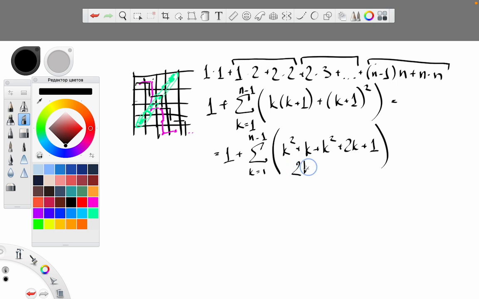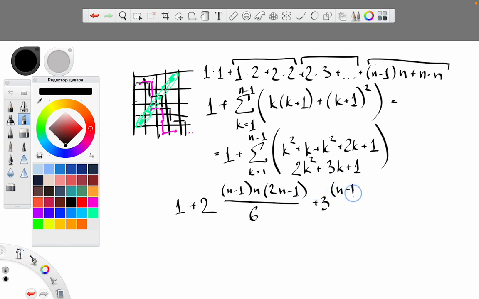Okay, so we will have 2k squared plus 3k plus 1. It's not pretty, but we can sum it up. We know that the sum of squares up to n minus 1 will be n minus 1 times n times 2n minus 1 divided by 6.